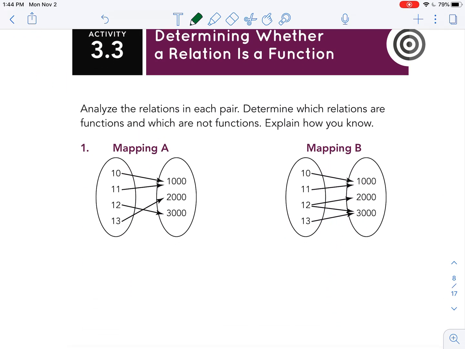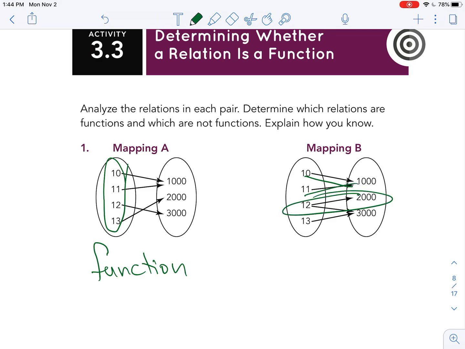Okay. Now, what we're going to do here is look at these and decide which one's a function and which one's not. So I look at the domain values. Do they only go to 1 range value? Yes, they do. So this is a function. Over here, 10 goes to 1 thing, 11 goes to 1 thing, 12, look at that.